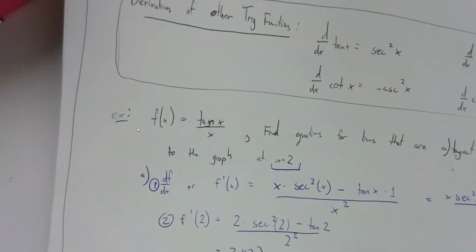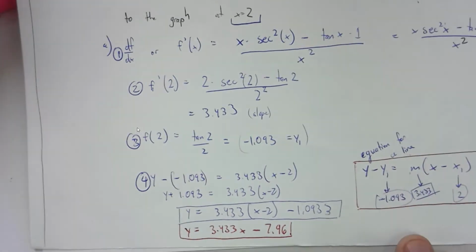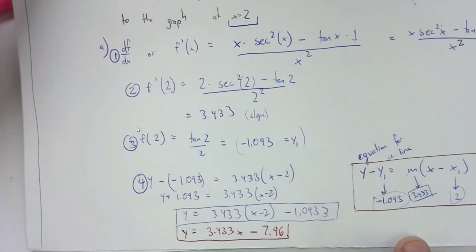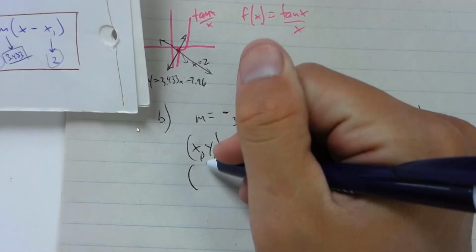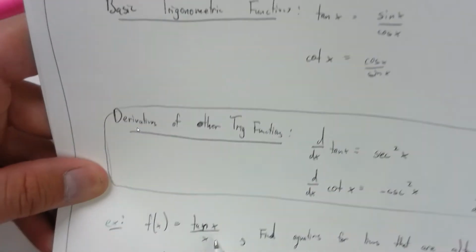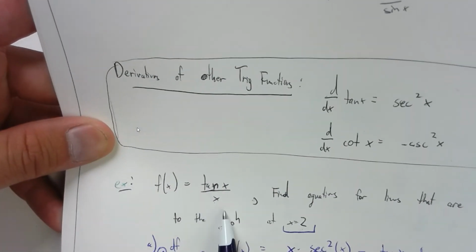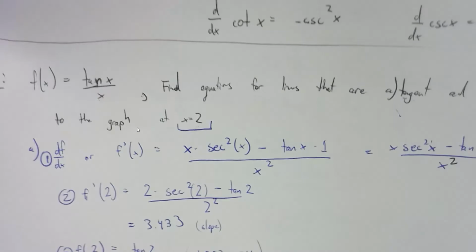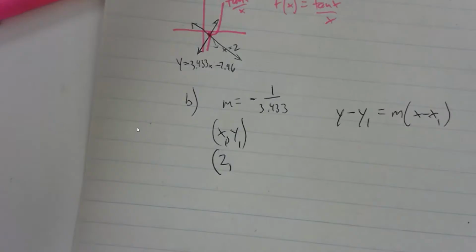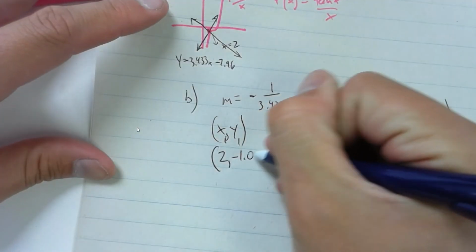I know this is a little bit different from the notes that you saw in class, but it's exactly the same thing. Our point would be at x equals 2. And we plugged 2 back into the original equation of f of x is equal to tan of x divided by x, and that gave us approximately negative 1.093.